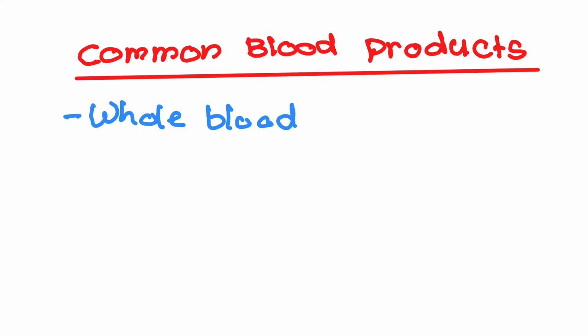All the blood components are there, including platelets, cryo, plasma, red blood cells. So in some situations we have to transfuse the whole blood rather than transfusing components. This is what we call whole blood.